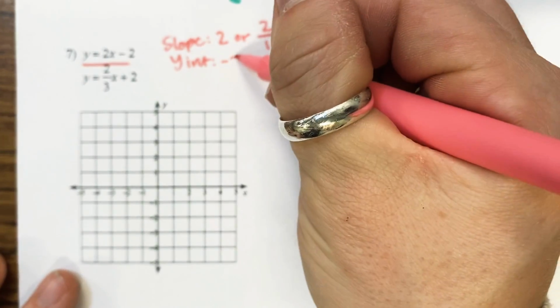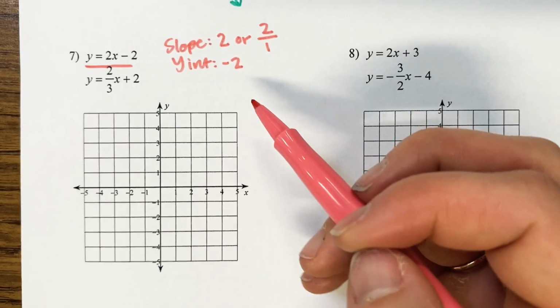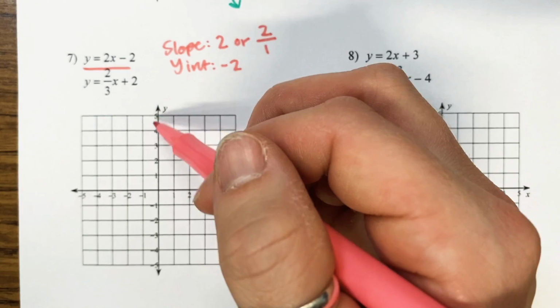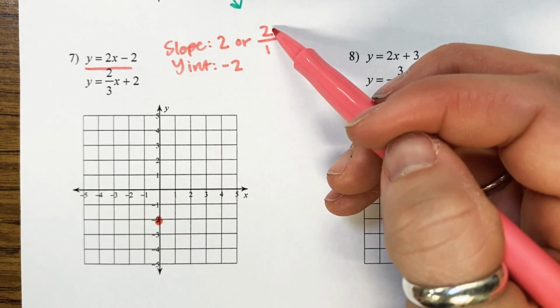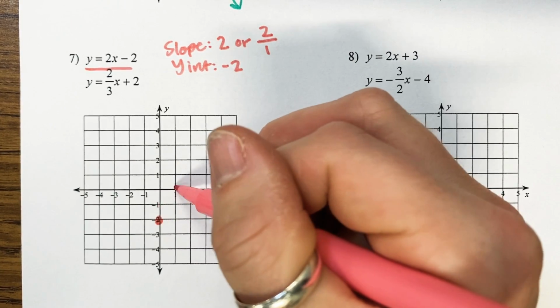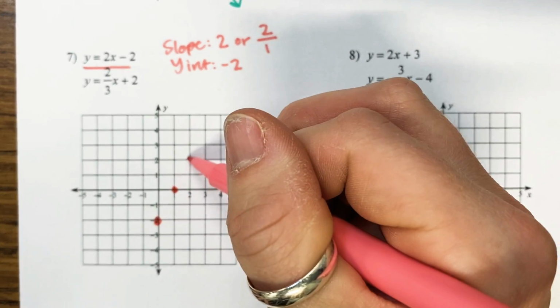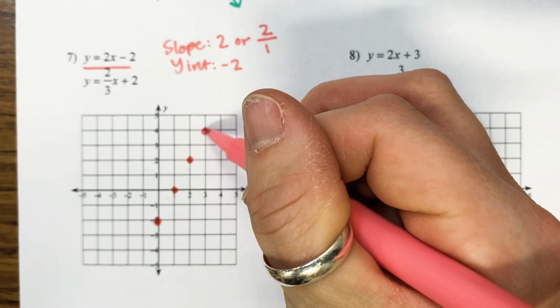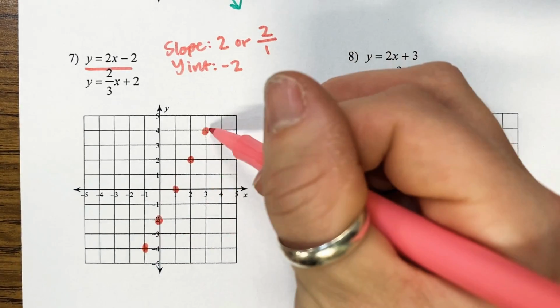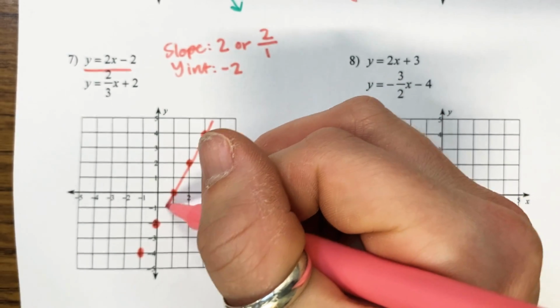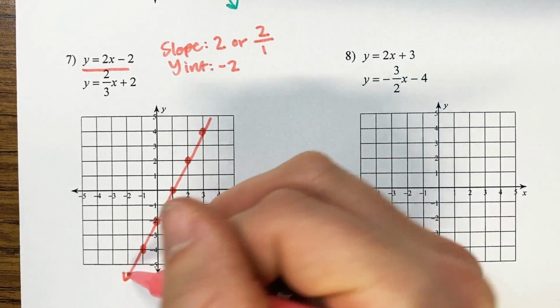And our y-intercept is at -2. Okay, so we're going to start with our y-intercept, so find -2 on your y-axis. And now we're going to go up 2 and over 1. Maybe let's go back, down 2, and back 1. Okay, there is my pink line.